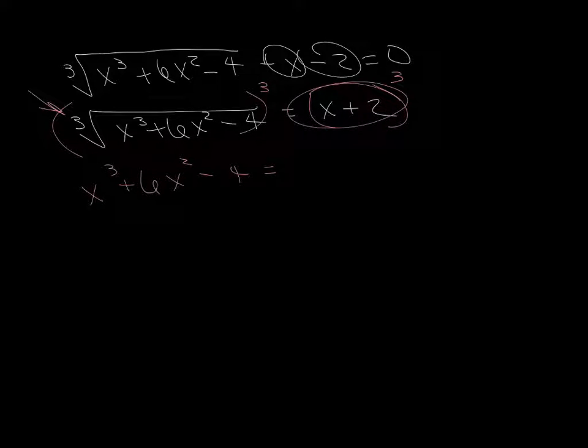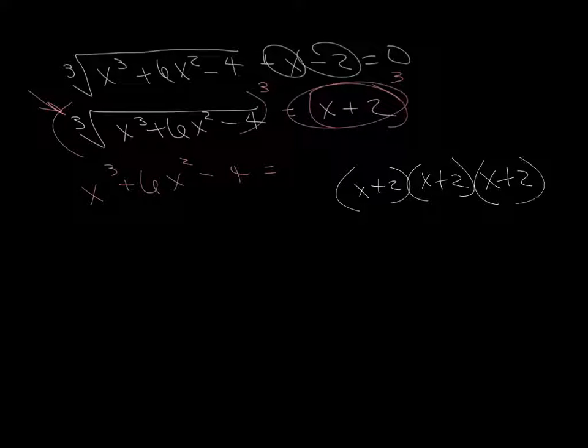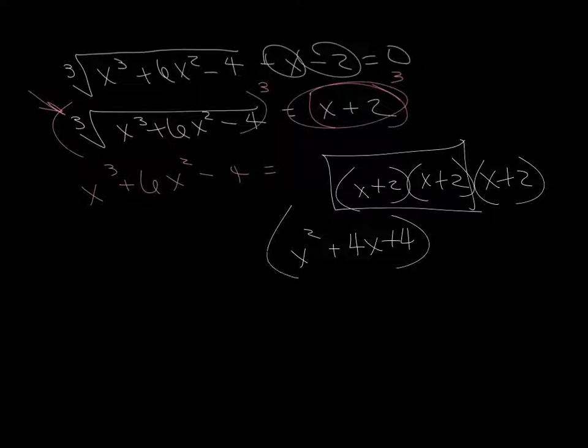So we have to take x plus 2 times x plus 2 times x plus 2. Alright, so we're going to do the FOIL method here, and we get x squared plus 4x plus 4. And then we're going to multiply that by x plus 2.